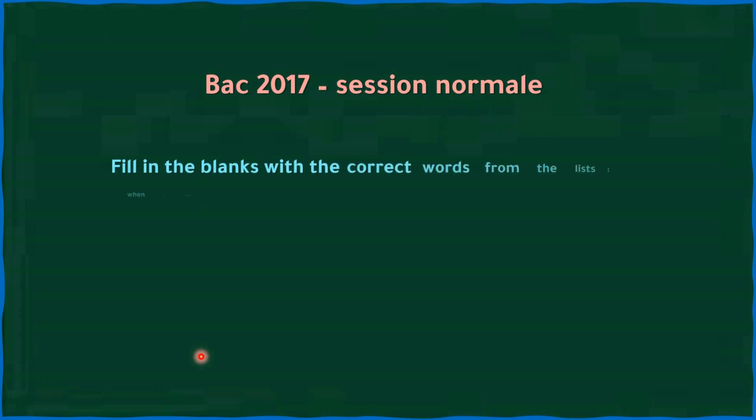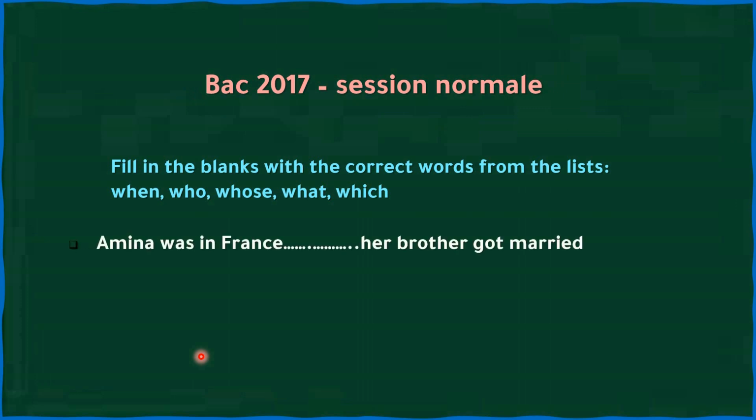Okay? Now, the second exercise is from Baccalaureate of 2017, normal session. Fill in the blanks with the correct words from the lists: when, who, whose, what, which. So the exercise says, Amina was in France, her brother got married.